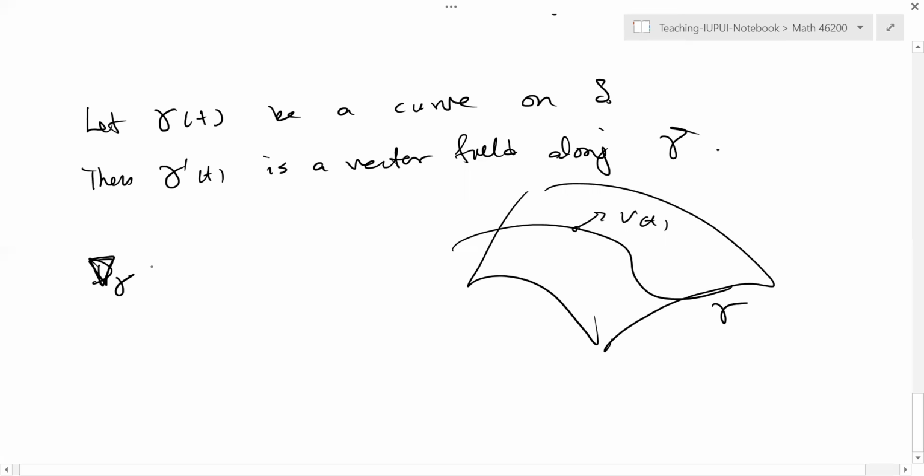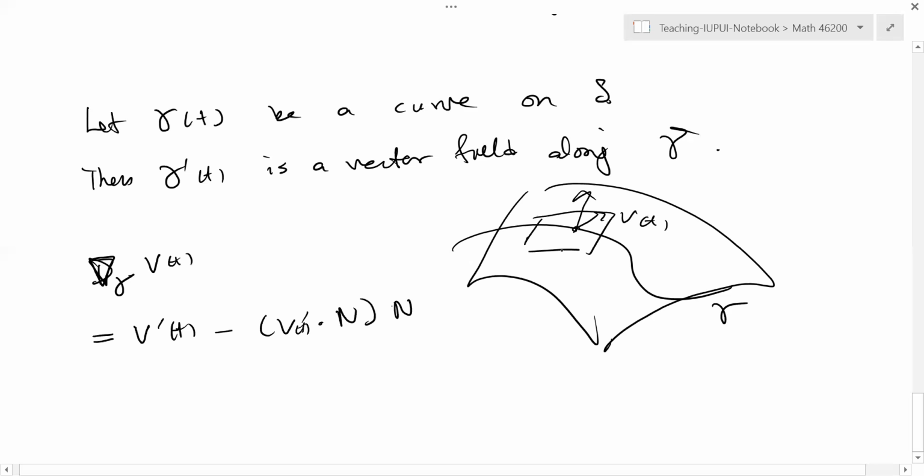So gamma, a vector field. This is defined to be the derivative, and the projection onto the tangent plane.